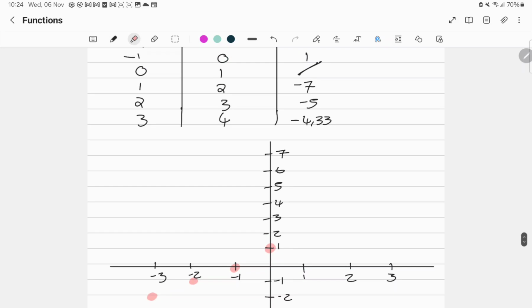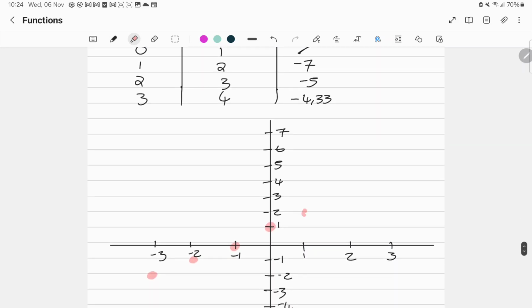Alright, then at 1 I had 2, at 2 I have 3, and at x equals 3 I have 4. Then because it's a straight line, you take your ruler and you draw a straight line through these points. Alright, and then just label it f so that I know, okay, that was your f.